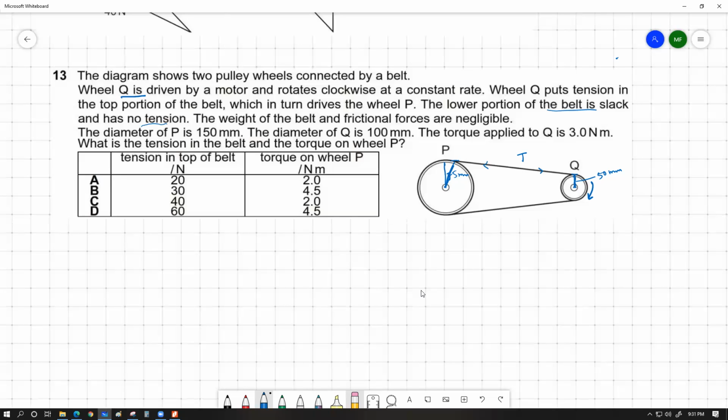Question: the torque applied to the Q is 3.0 Newton meter. What is the tension in the belt? So what you should understand is that the tension should be equal on both sides, but the torque might be different.